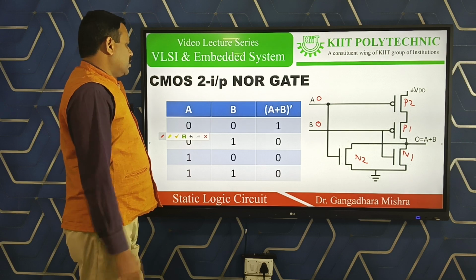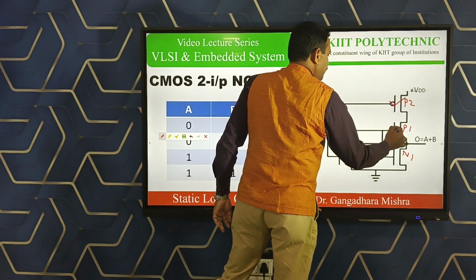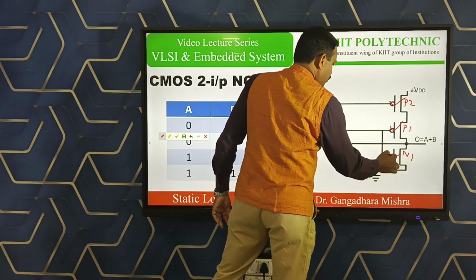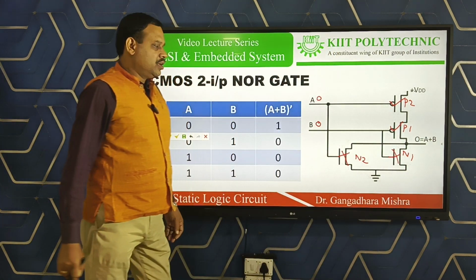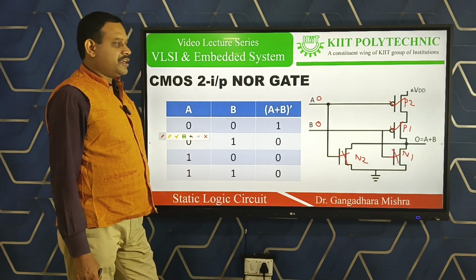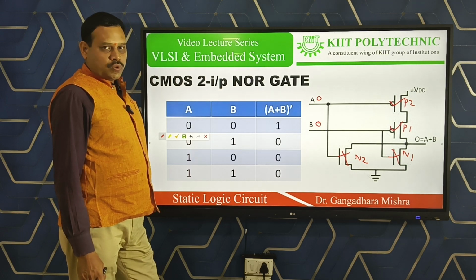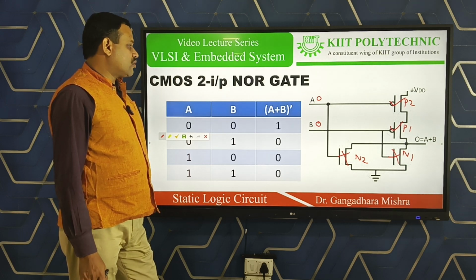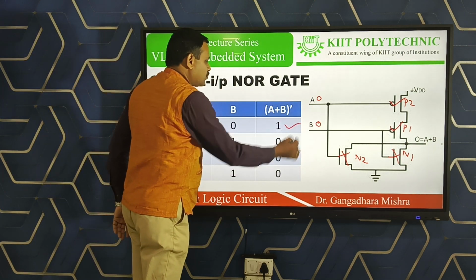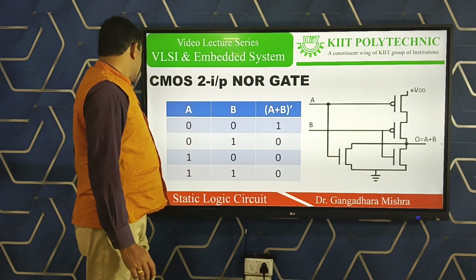Under this operating condition, the transistors P1 and P2, both PMOS, are driven to the conduction state, and N1 and N2, NMOS, are driven to the cutoff state. As a result, the output will be connected to plus VDD, and the lower ground path through the pull down network will not be available. As a result, your output will be at logic 1 state, that is the plus VDD.